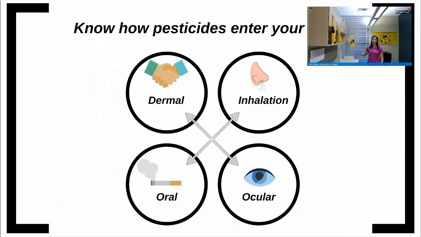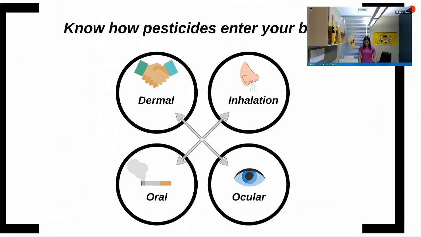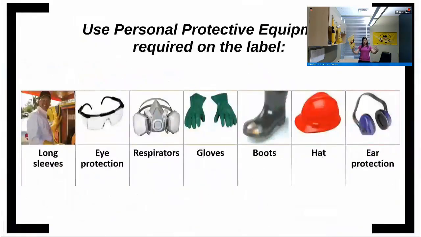According to the safety data sheet of a lot of pesticides, you have to rinse that eye for at least 10 to 15 minutes with water to remove any residue of pesticide in your eye. And, as I said before, use your personal protective equipment required on the label. The label is the law.